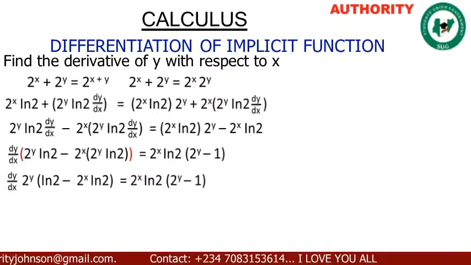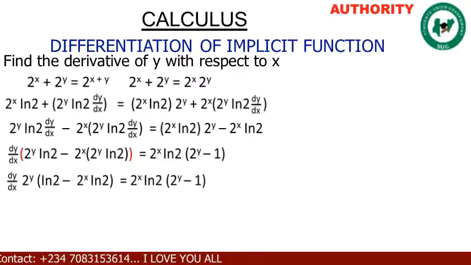That means we are going to divide both sides by 2 raised to power y open bracket ln 2 minus 2 raised to power x ln 2.